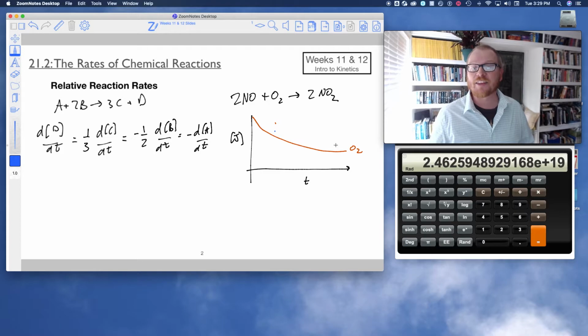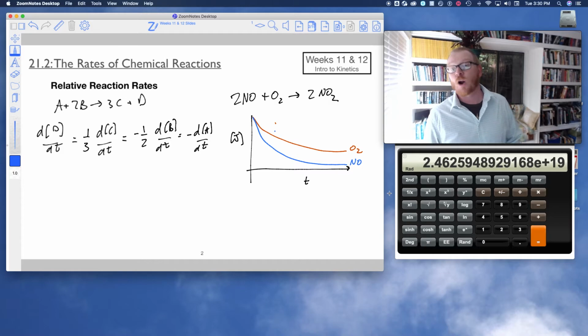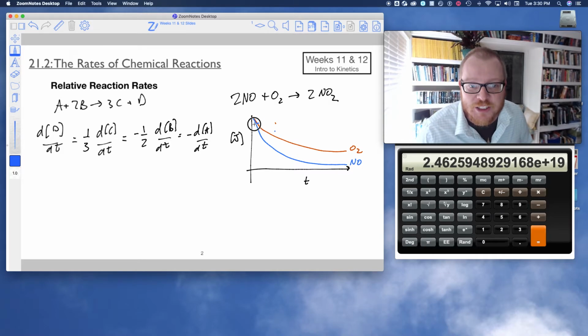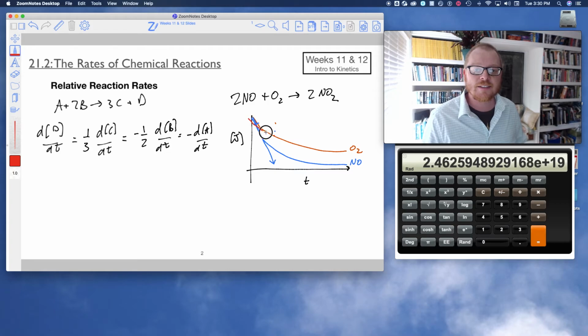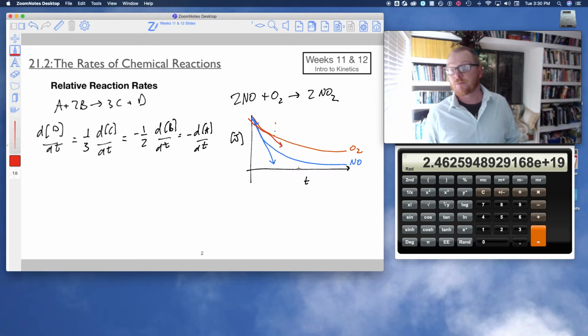Again, if I wanted to set them relative to each other, it would be 1/2 NO equals O2. So that would give me my relative rate, but my absolute rate would actually show me that the slope for NO is twice as steep as it is for O2, okay? If I picked a point, let's say that point, my slope right there, my rate would be 2 times as steep as my rate for O2 because of that stoichiometry.